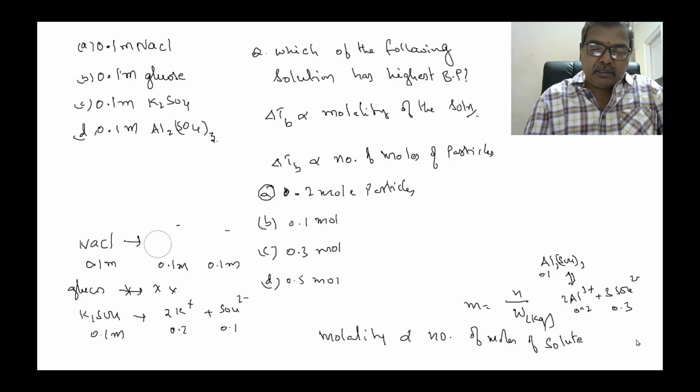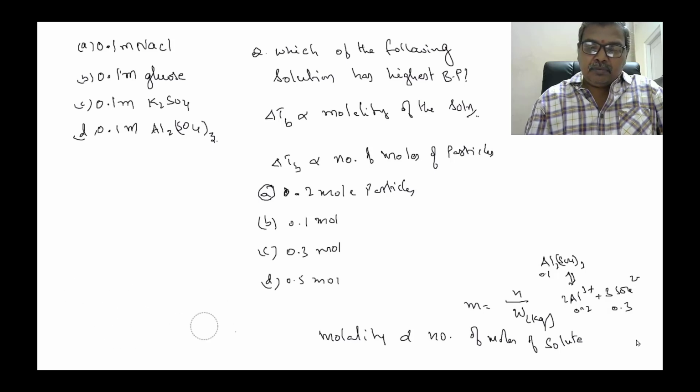So I am removing this. See here, delta TB is proportional to number of moles of particles in the solution. What is delta TB? Elevation in boiling point, TB of solution minus TB naught, because whenever a non-volatile, non-electrolyte solute is dissolved in the pure solvent, its boiling point increases.